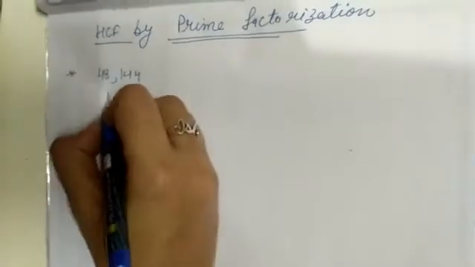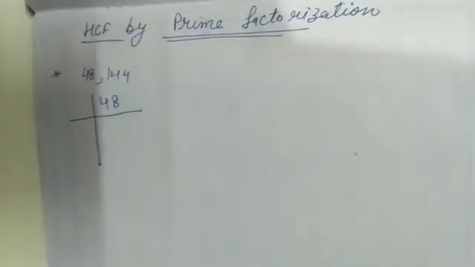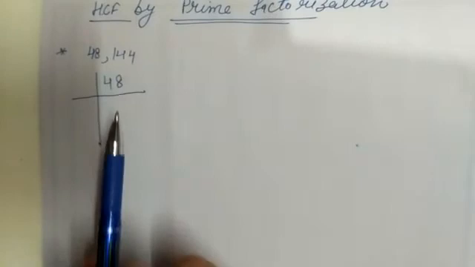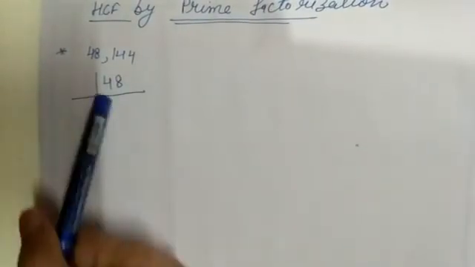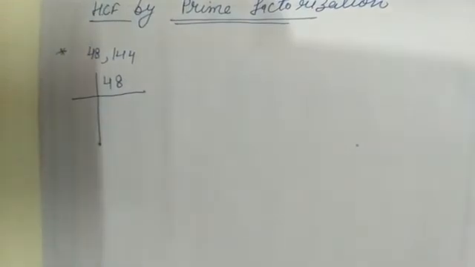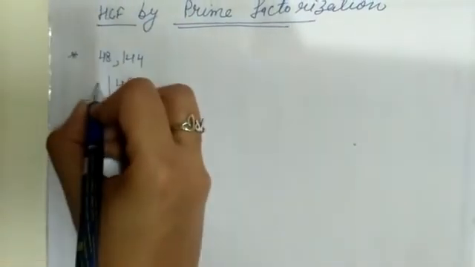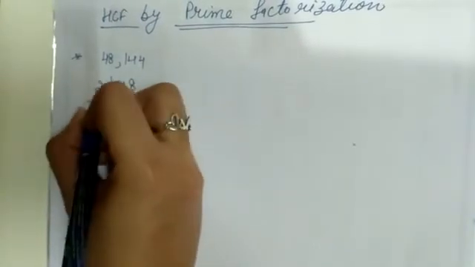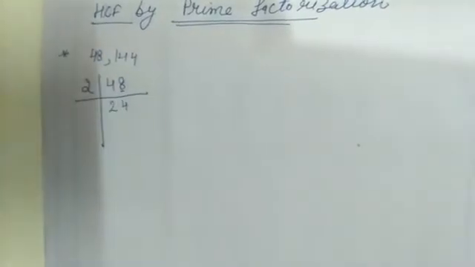So firstly, find the prime factors using the division method, which I had told you in the previous video. We will draw two lines like that and write 48. Always start with the least prime number that can divide this number exactly, without remainder. This is an even number, so I can start with 2. If I divide 48 by 2, I'll get 24, right?